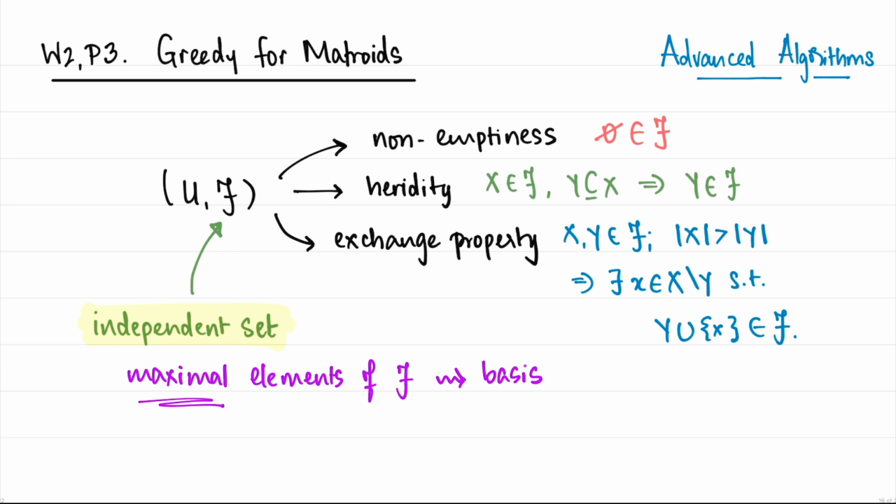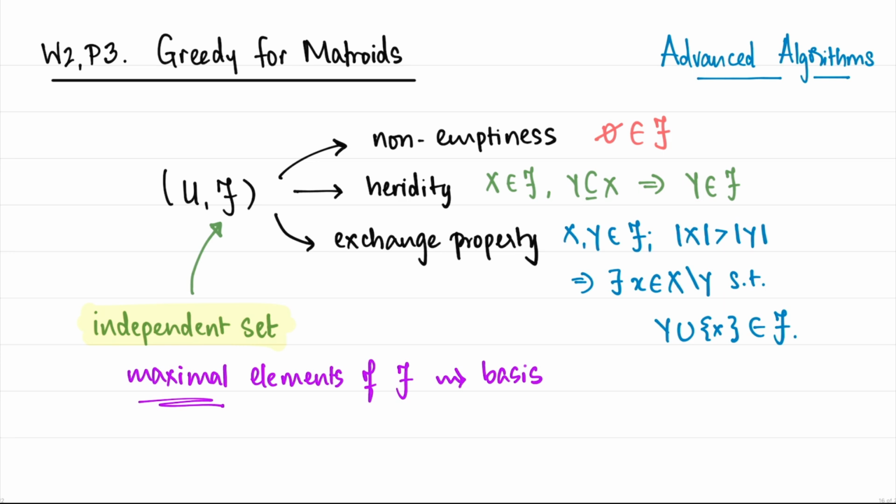There's also a lot of further terminology associated with dependent sets, and just like we have maximal independent sets, we also have minimal dependent sets, and those are called circuits. But most of our discussion will not require us to work with circuits or dependent sets, so I'm not going to get into that terminology explicitly here.